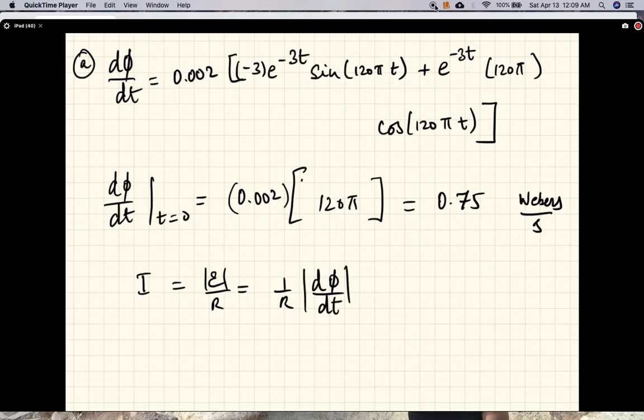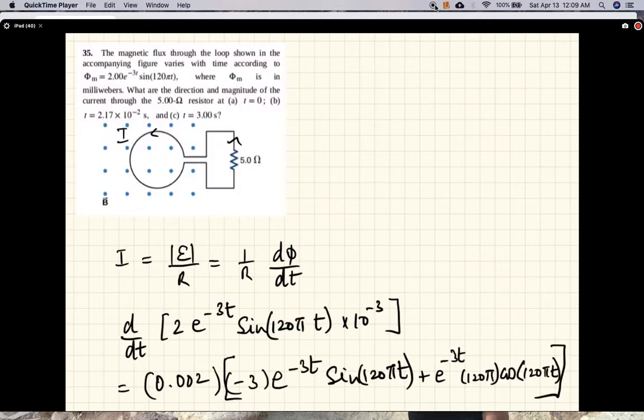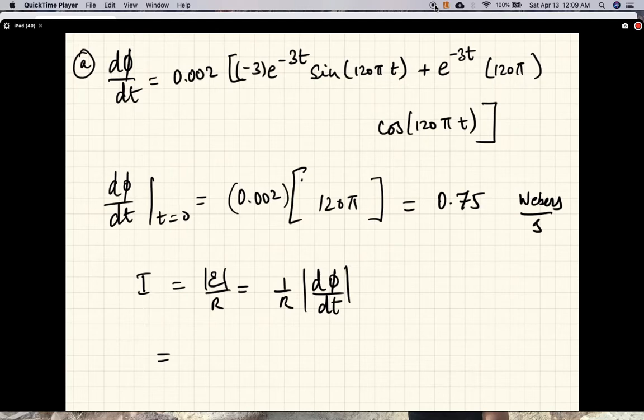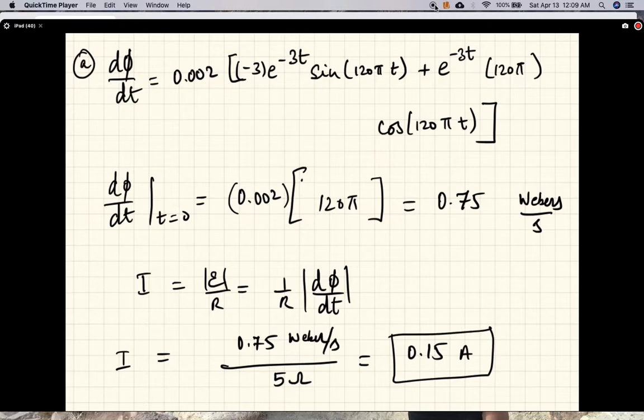So 0.75 Webers per second divided by 5 ohms is equal to 0.15 amps. That takes care of that.